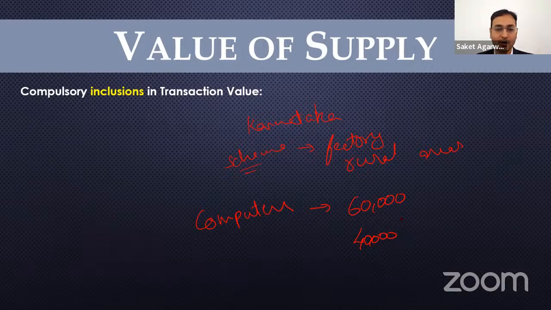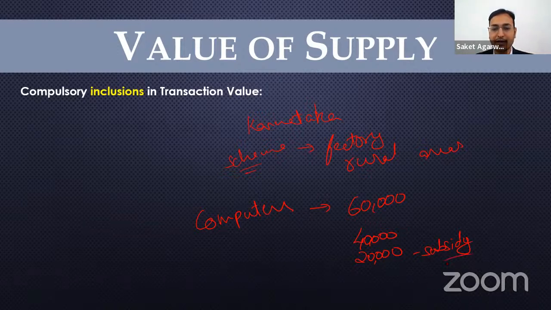Seller will say, okay, but what about my 20,000 rupees? Government is saying, don't worry, that 20,000 rupees we will give to you as subsidy. On every sale that you do at 40,000 rupees, we will give you 20,000 rupees to take care of this loss of 20,000 rupees.